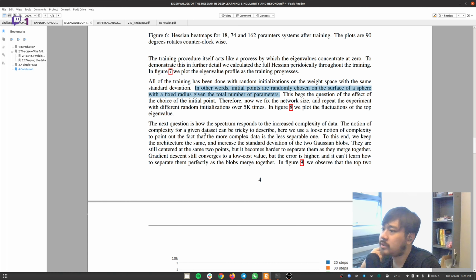The notion of complexity for a given data set can be tricky. Here we use a loose notion of more complex, the less separable one. This is interesting because I used this definition as well, and it didn't work for what I wanted to do. I thought less separable means, in some sense, things are more crazy, but not necessarily.